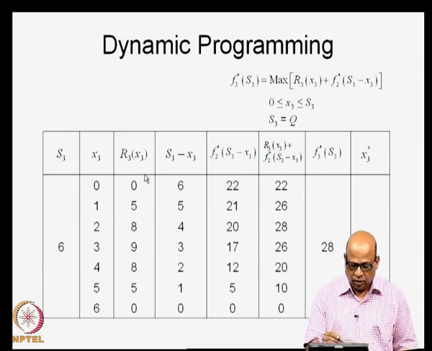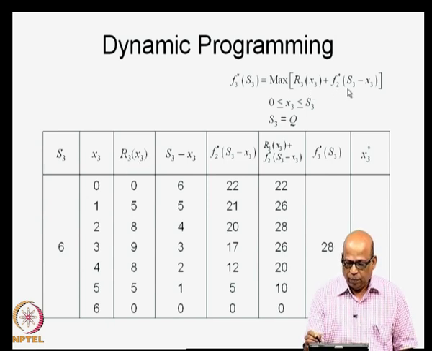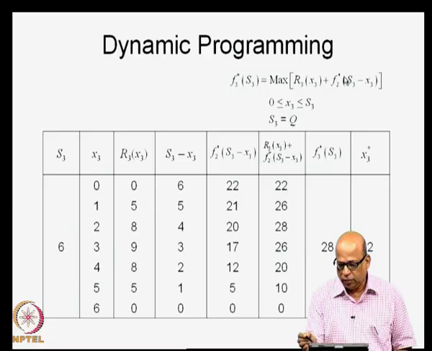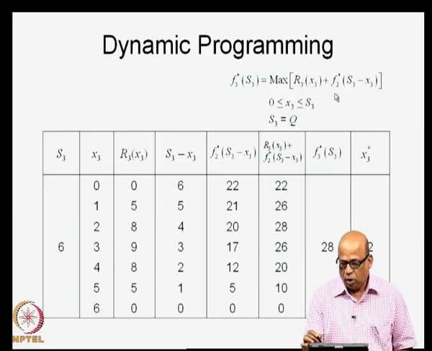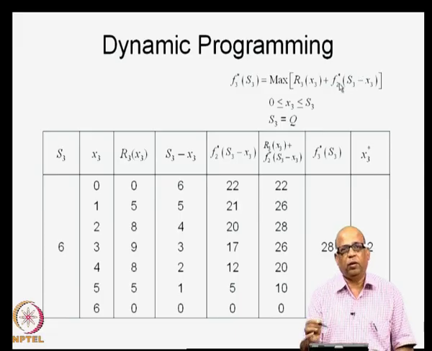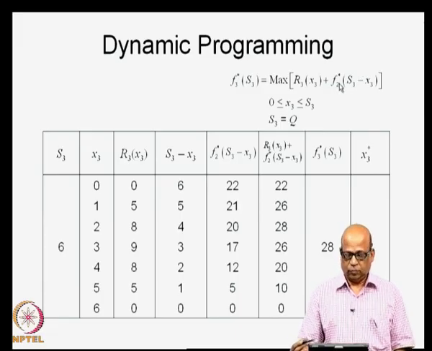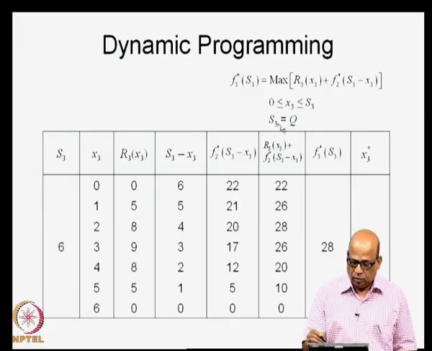So, I get an immediate return of R3 X3 plus, because I have allocated X3 from the available S3, I am left with S3 minus X3 for the next stage, which includes 2 users. I know how much I get from an availability of S3 minus X3 at the next stage, because this is exactly the problem that we have solved in the previous stage. So, this is the recursive relationship.